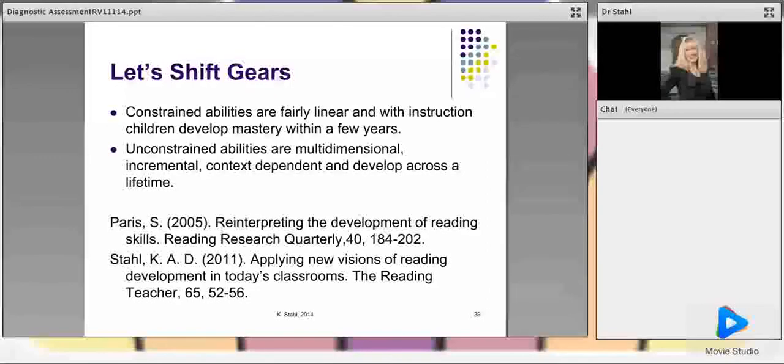I don't think you would trust me to work on somebody with bladder cancer based on my knowledge of that article. And so comprehension in that way is incremental. And what we need are instruments and multiple assessments to really identify these dimensions of comprehension and vocabulary. And these skills also develop across a lifetime.